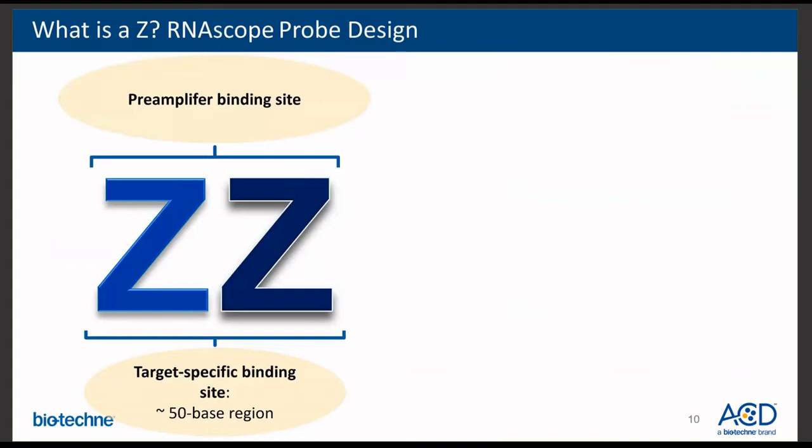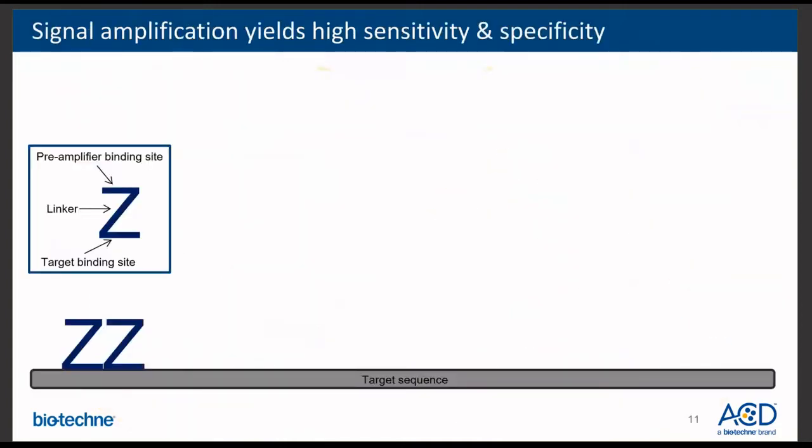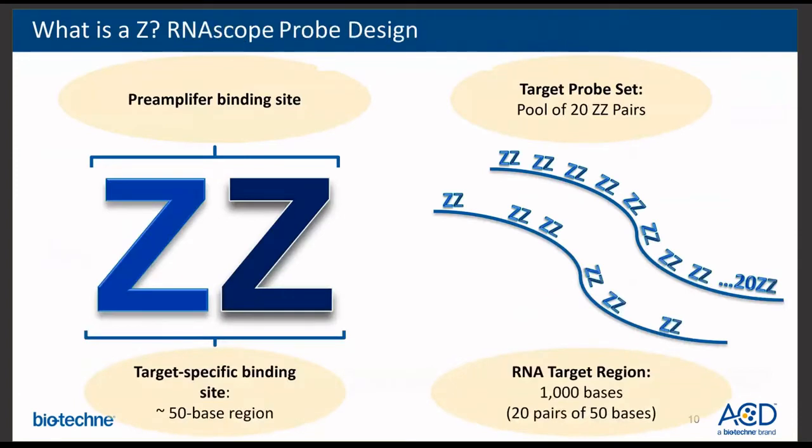So moving on, a standard RNAscope probe for targeting sequences of 1,000 bases or more will consist of around 20 ZZ pairs. As you can see, each ZZ pair can bind to around 50 base pairs, so that would add up to around 1,000 bases overall per probe.